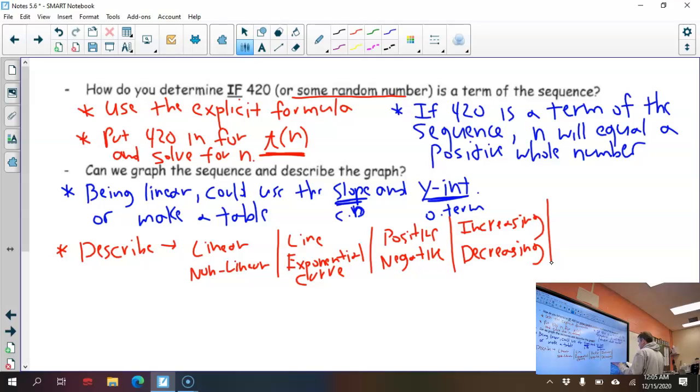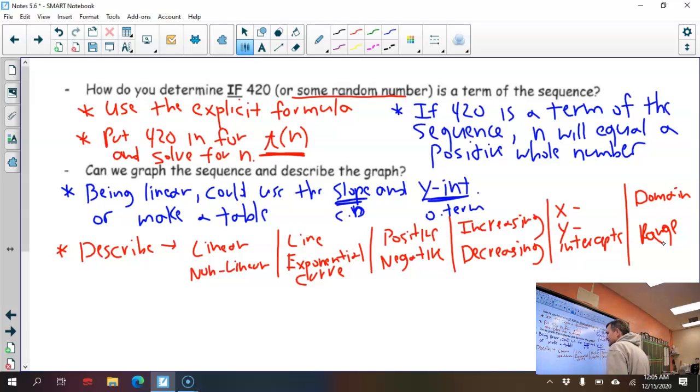Let's see. You could give the x and y intercepts when you describe a graph. You could give the domain and range when you describe a graph. And I left out one. And last, darn it, I'll put it over here, I guess.